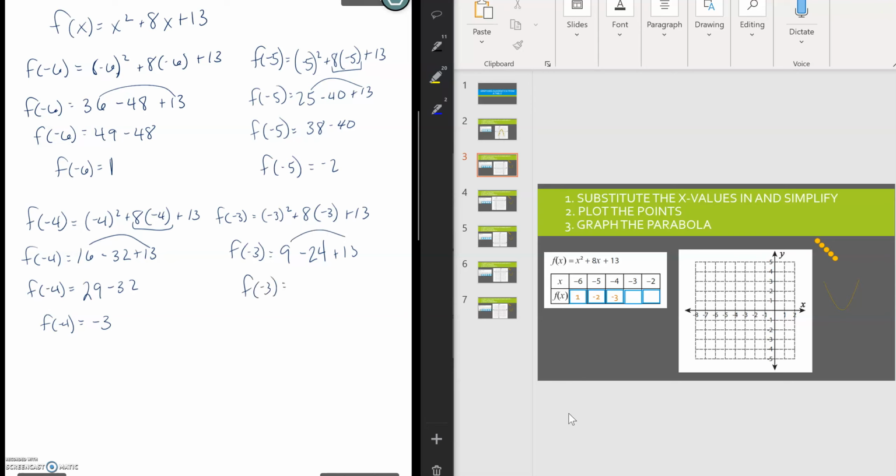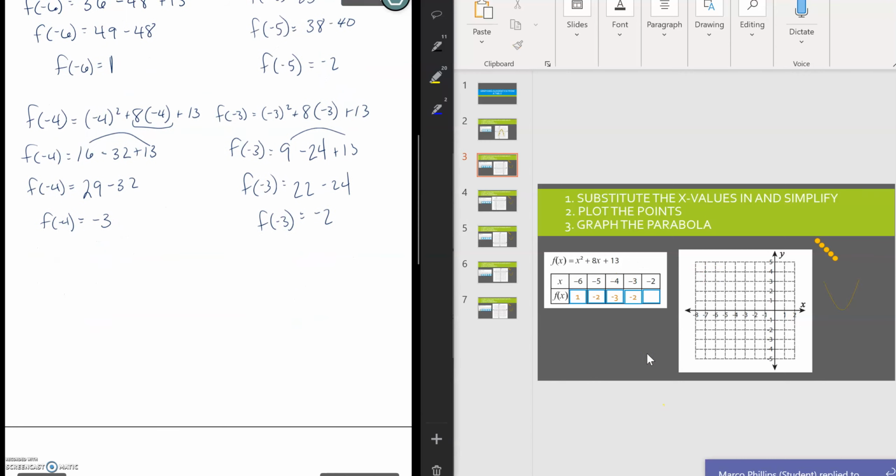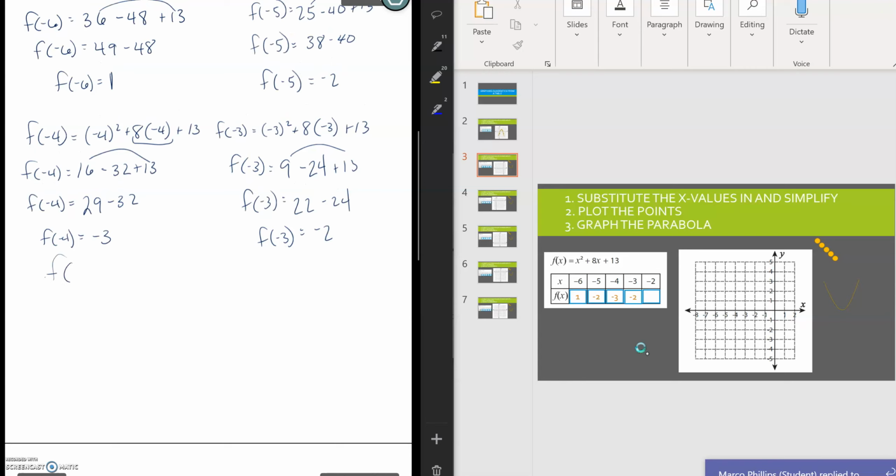Again, I'm going to add my positive numbers together. 9 plus 13 would be 22. 22 minus 24 would be -2. All right, one more for this problem.